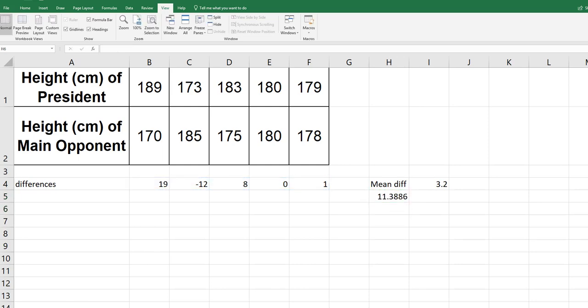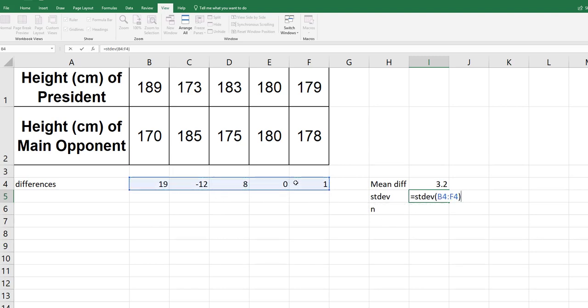Okay, and from here, this is where I said that you could manually find the value of t. So let's go ahead and put in, oh, I guess I didn't fix this. Standard deviation, standard deviation. I just like to label everything so I don't forget what it is.